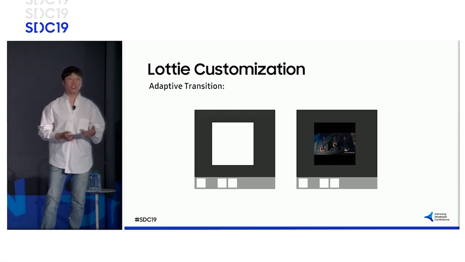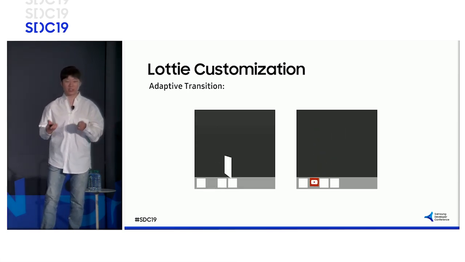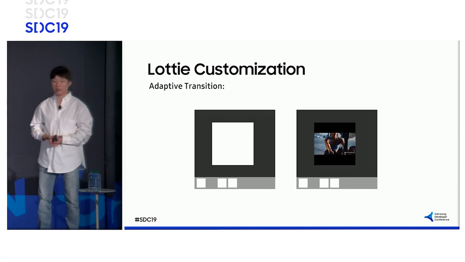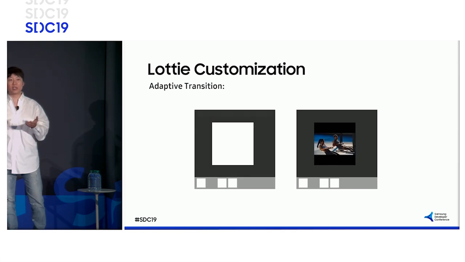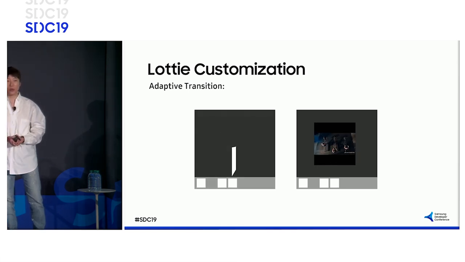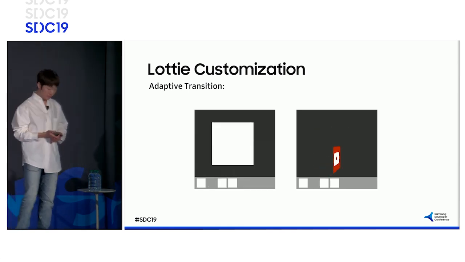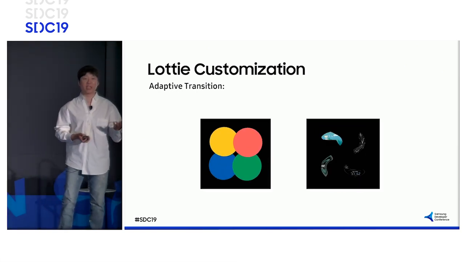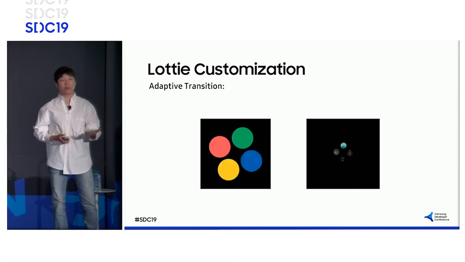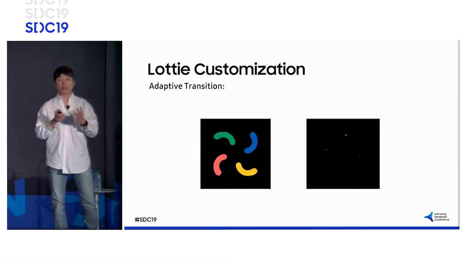Technically, the 3D transformation is available for this adaptive transition as well. We can even map or bind some real-time updating object onto a Lottie shape node at runtime. As you can see, the mapping method is available for arbitrary shapes.